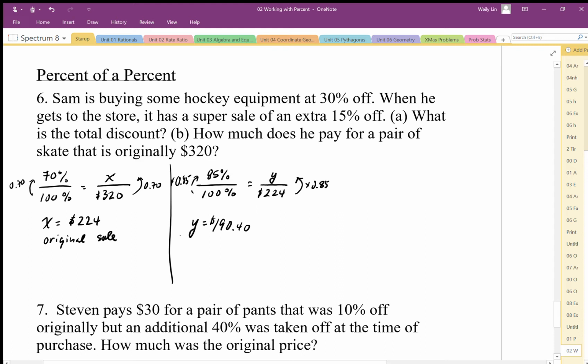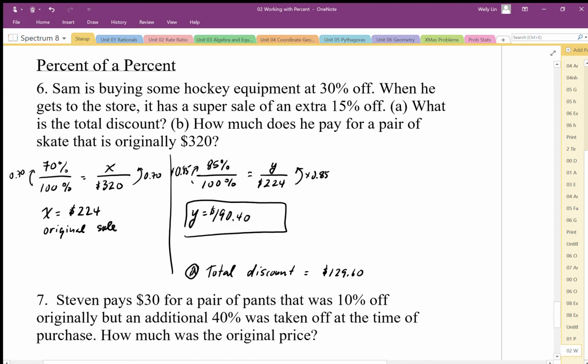What does the total discount work out to be? I have to subtract that from 320. The total discount is $129.60.